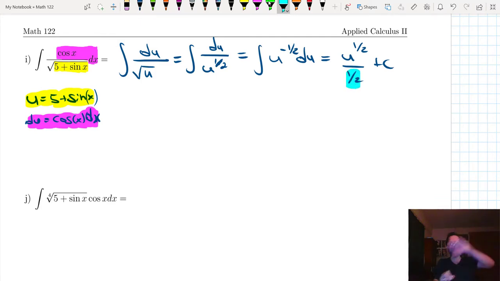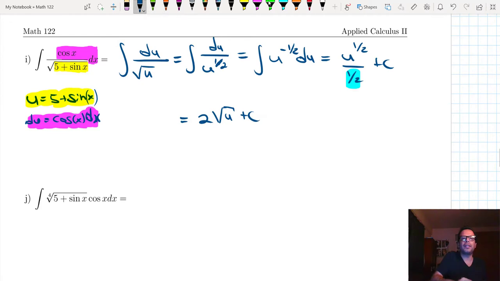This 1/2 in the denominator, dividing by a fraction is the same as multiplying by the reciprocal. All right, so this will be 2. I'm going to change to radical notation, 2 square root of u plus c.